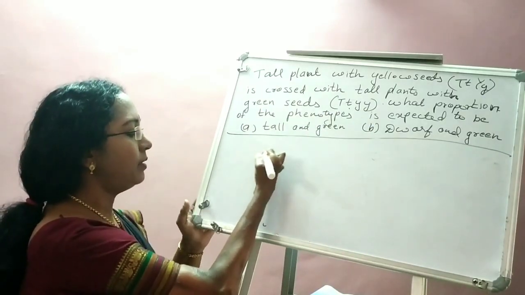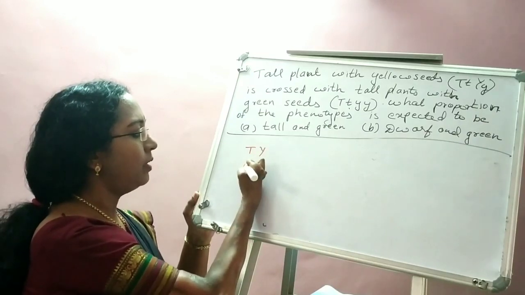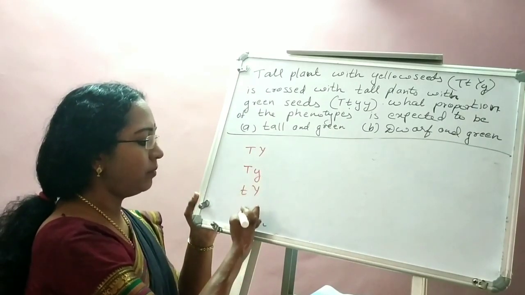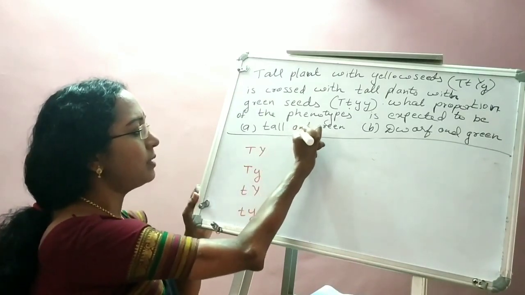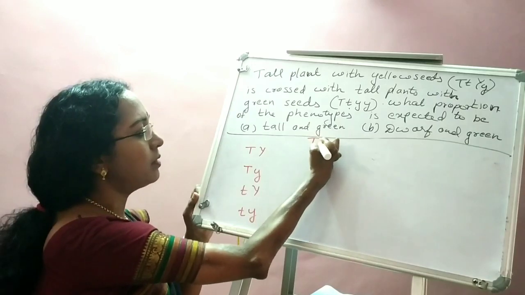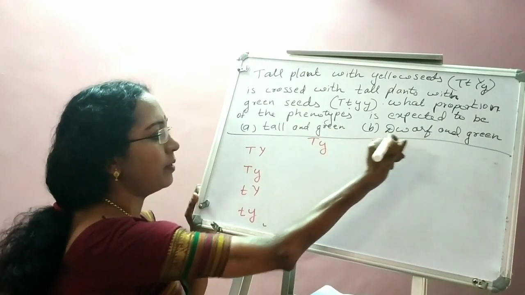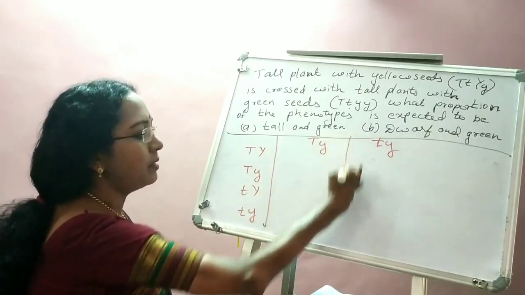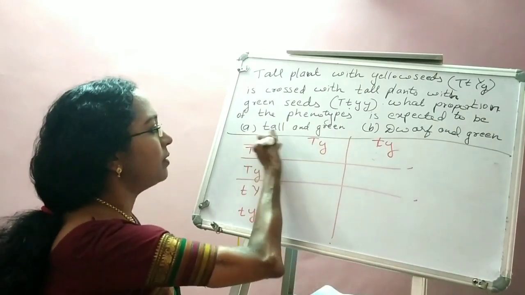First let me write the gametes on the left. Capital T, capital Y, capital T, small y, small t, capital Y, small t, small y. I have written the gametes. Now the next gametes here. Capital T, small y, small t, small y. Two gametes only. Now the next step is to separate out the gametes. Gametes separated.